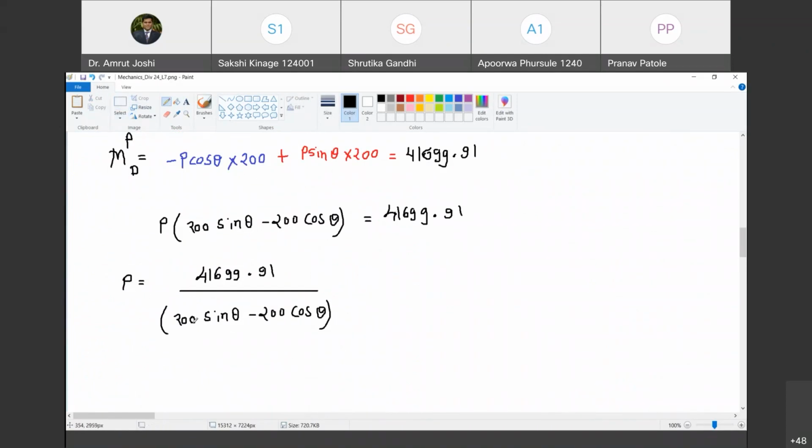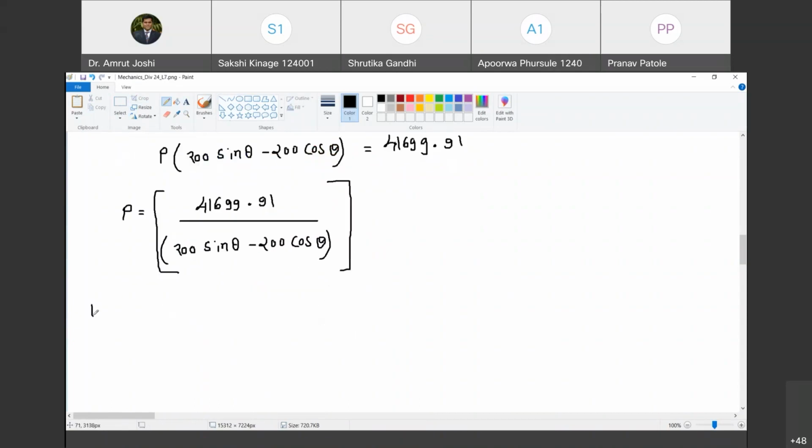Yes, it is a concept of maxima minima, but instead of directly applying that concept to the entire quantity, if I want P to be minimum, do you foresee that I want this denominator to be maximum?